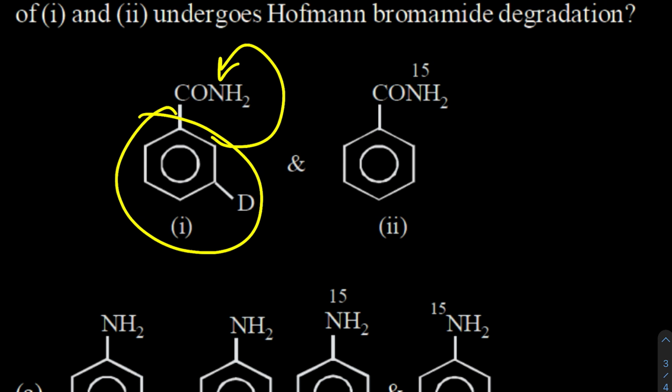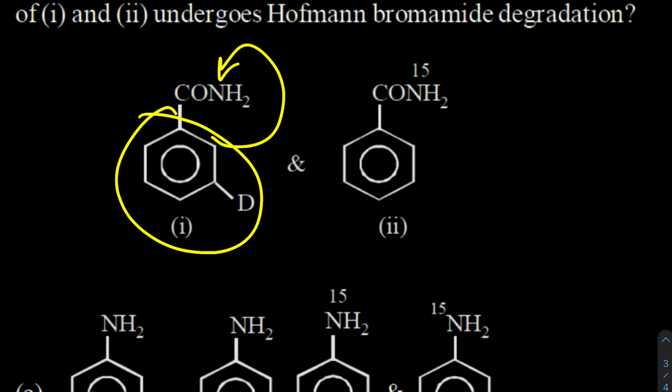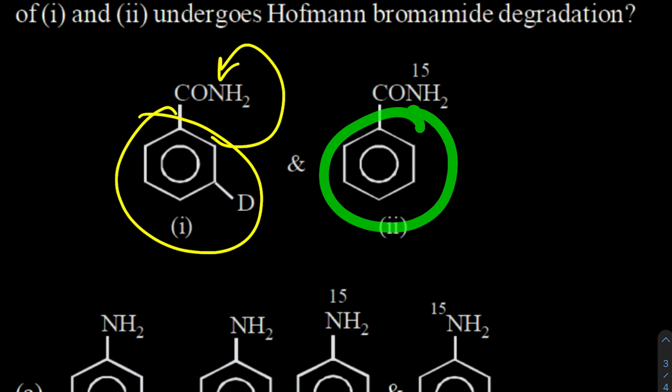And it is not possible for both the alkyl groups to swap places because we are using a mixture of these two compounds here. It is not possible for any alkyl group to migrate to the nitrogen of another molecule. So therefore, this must migrate to its own nitrogen itself, and this phenyl group should migrate to this nitrogen.